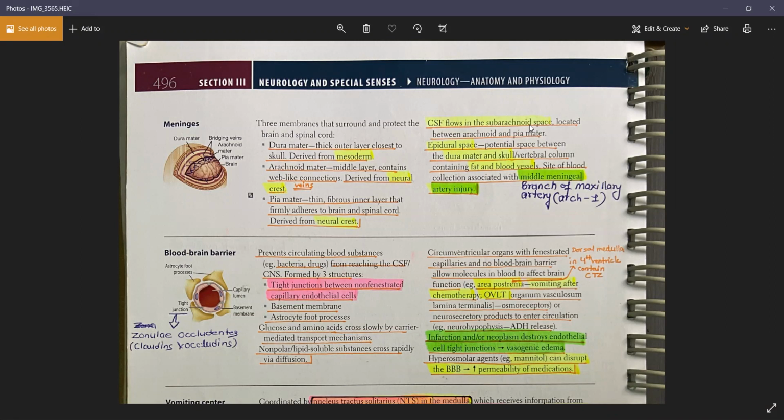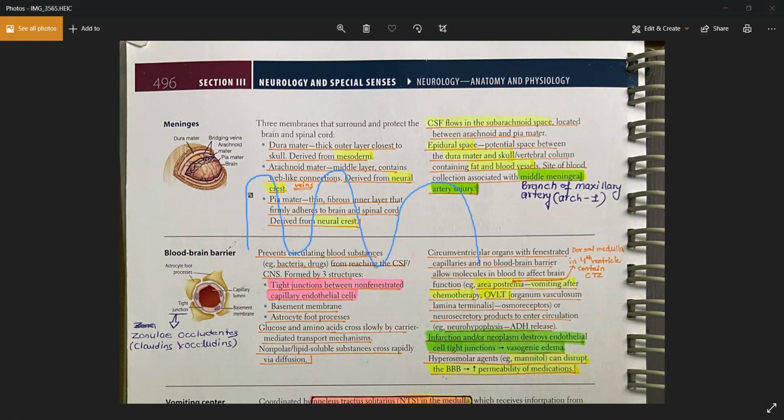If I draw that, these are the sulci and the gyri of the brain, let's say, and this is the arachnoid mater. The pia mater is in very close association with the brain, so basically they form these sulci and gyri. Whenever a subarachnoid hemorrhage happens, it will fill up these spaces.